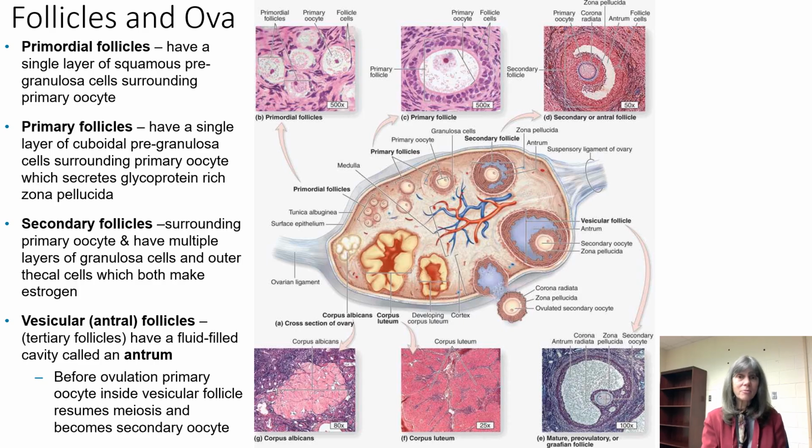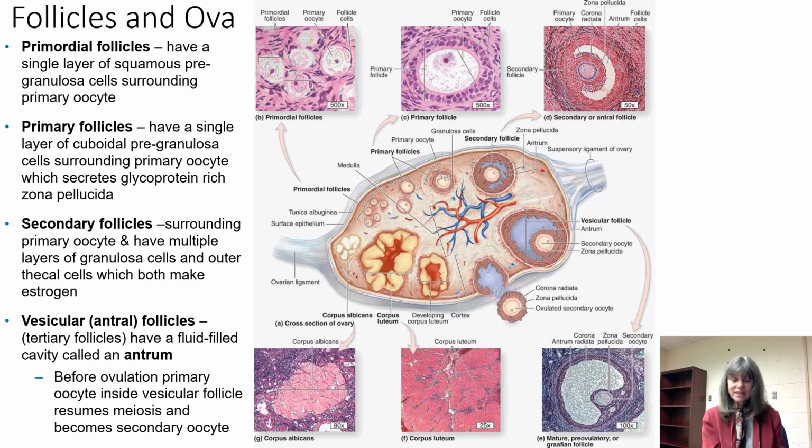And that will happen to a little over half of the primordial follicles. The remaining primordial follicles will continue to exist. However, a lot of those will continue to die off even after puberty. So they don't all remain there as a woman ages over time.